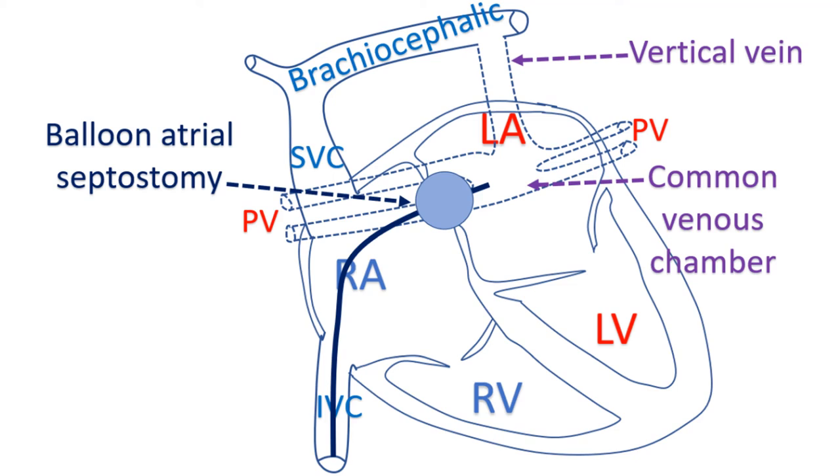Balloon atrial septostomy uses balloons attached to small tubes introduced through blood vessels to enlarge the defect in the wall between the upper chambers. The baby is then considered for corrective surgery after stabilization of medical status. Those with infracardiac variety will need emergency corrective surgery because of severe breathlessness.